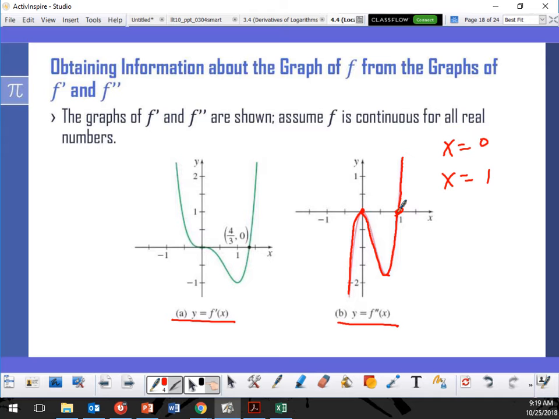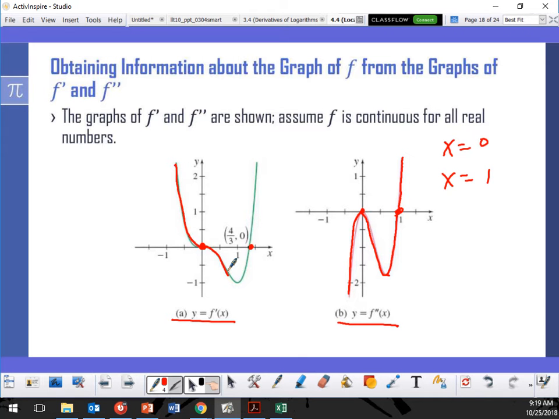Remember, this thing is my slope. This is the slope. So where's my slope equal to 0? Here and here. So what does that mean? If the slope is equal to 0, I should have some mins and maxes, right? On the left-hand side, all this right here is positive, isn't it? Yeah. So that's a positive slope, but on the right-hand side, this is a negative slope.